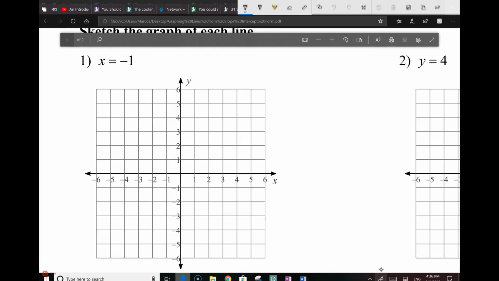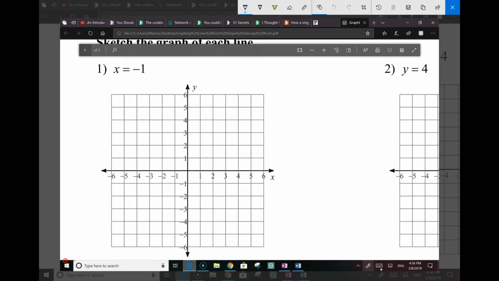And I'm going to demonstrate this by making a table for this particular equation. So this is saying no matter what, x will always be -1. So if that's the case, well then, let me see what that would look like in a table. If x is always -1, I'm not allowed to pick anything else because x is -1.